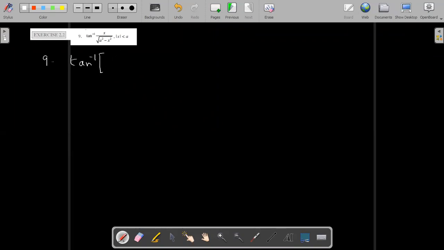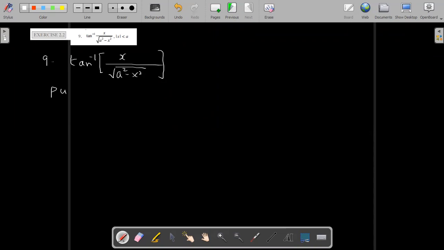Here we have x and under root a square minus x square, so obviously we have to substitute the value of x so that it will convert into tan. For a square minus x square, we put x equal to a sine theta and get tan theta directly. Otherwise, if you put a cos theta, you will get cot theta, and by using 90 minus theta you can convert into tan theta.